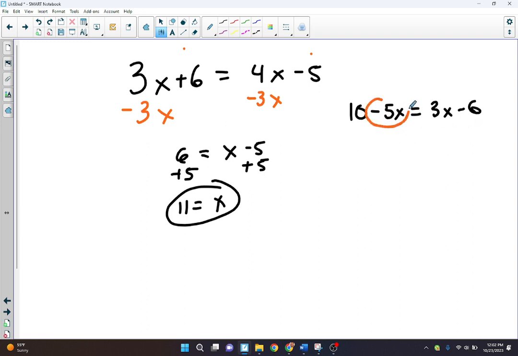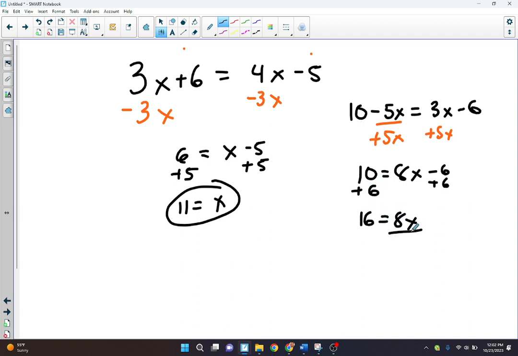Reminder, this is considered a negative 5x. So that means this is the smaller x in this scenario. So I'm going to plus 5x over here, plus 5x over here. So then that's going to be 10 equals 8x minus 6, plus 6, plus 6. 16 equals 8x, divided by 8, x equals 2. So a reminder, always move the smallest x, keep an eye out for negatives.